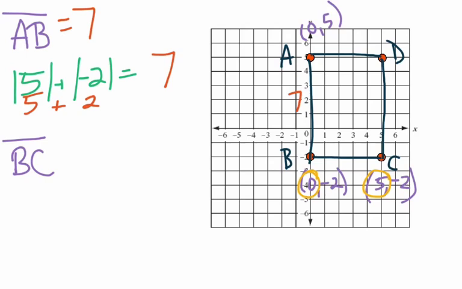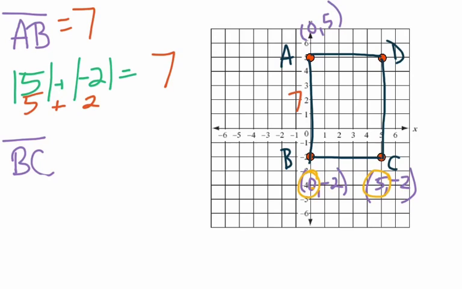Now, B is on our y-axis and C is in quadrant 4, but this would technically be a subtraction. Truly, you could add or subtract these because if we know that 0 is here, what's the absolute value of 0? 0.